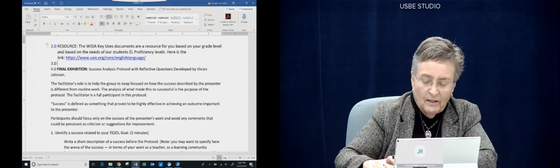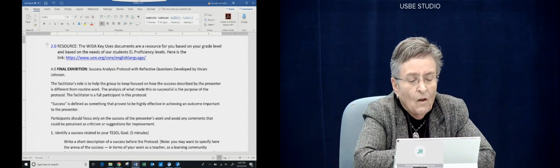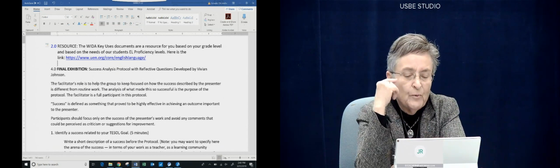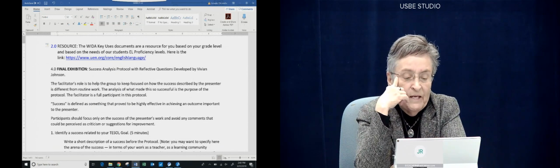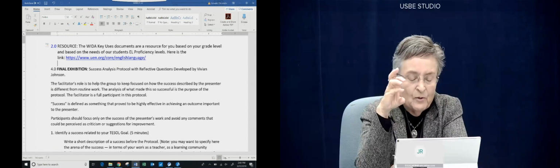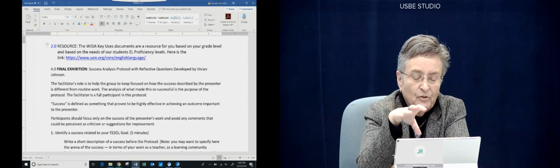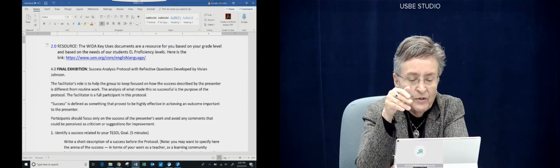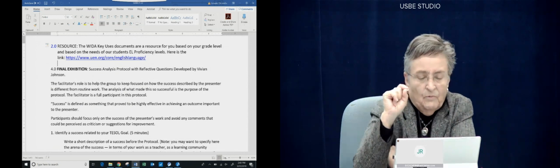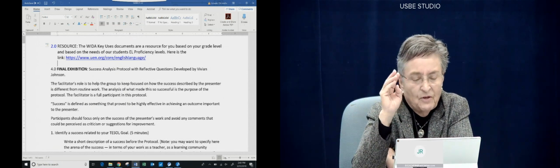And again, the reason I included this was that the WIDA Key Uses documents are really important for your grade level, because they identify students at the proficiency levels and then create learning tasks based on what they can do, gridded in a really important way in relationship to how language functions in a classroom, which is recount, explain, discuss, and argue.